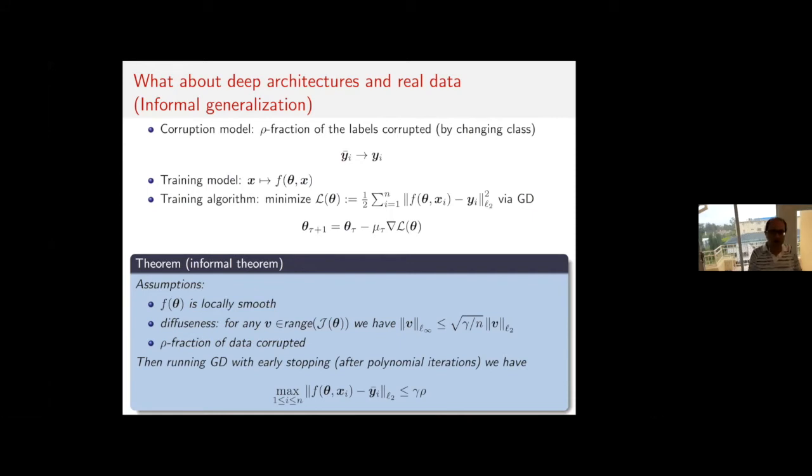So this kind of result could even work on deep architectures. The catch is that if we were to apply this result on a deep network, the local smoothness constant blows up. So it doesn't exactly apply, but it is suggestive of why it could potentially also be true in deeper networks.